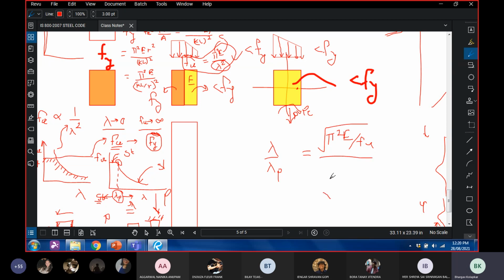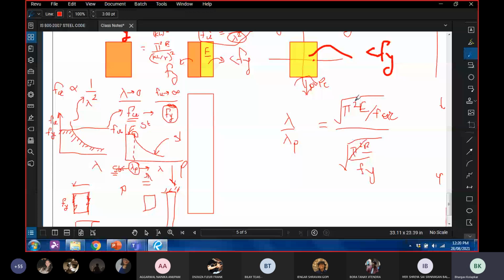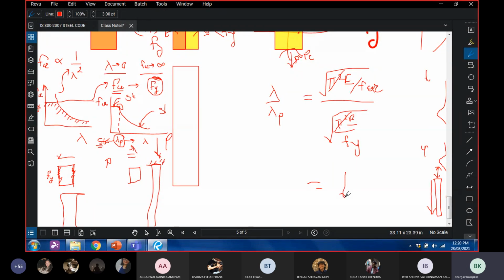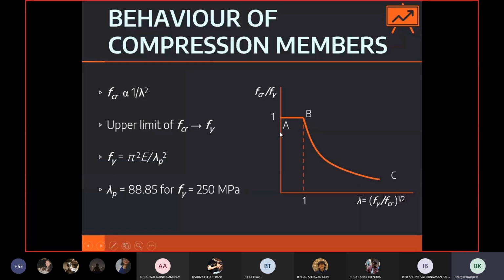So what is lambda p? You just replace FCR by Fy. So pi square E upon Fy. The similar terms get cancelled, and this is equal to the square root of Fy upon FCR. That is what can be seen in the curve.